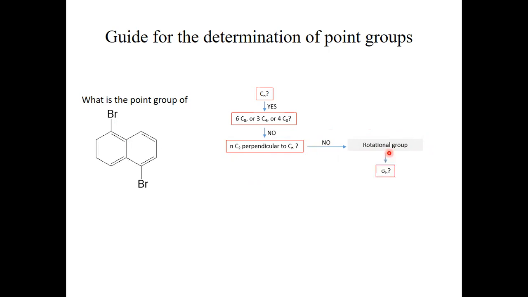So what was the next question according to our scheme? Do we have a horizontal mirror plane? The answer is first no, then it was yes. I agree with yes, so we do have a horizontal mirror plane.